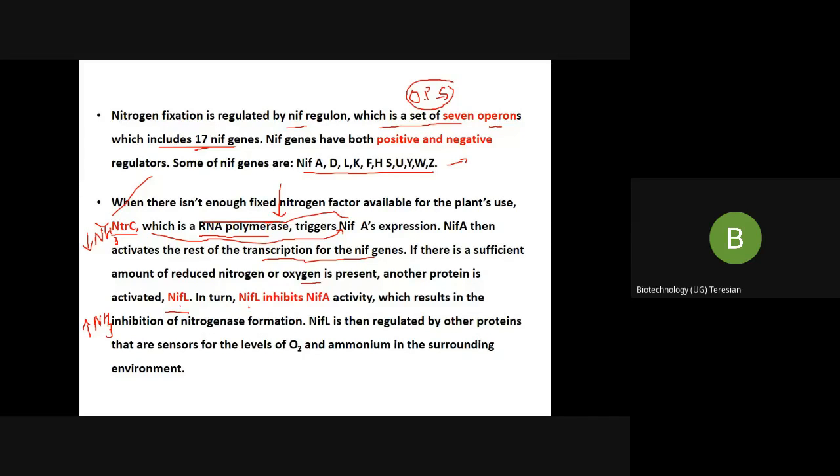This NIF-L goes and inhibits your NIF-A, telling it to stop its activity. You need not express more, because we already have the backup, the nitrogen cycle. So it results in the inhibition of nitrogenase formation. So your nitrogenase, what happens?